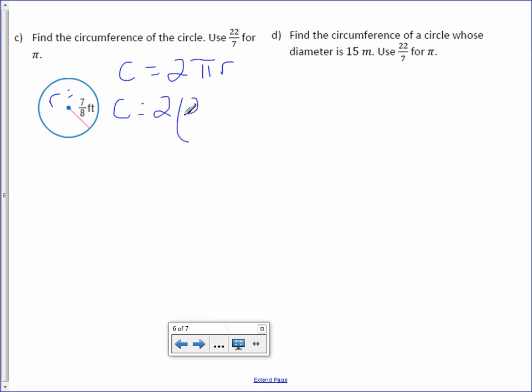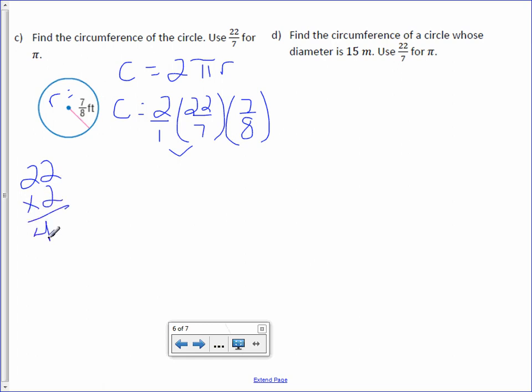For pi, we're going to use 22/7. In the radius, I have a fraction, so it's just 7/8. We're going to put that 2 over 1, and we're going to multiply the first 2 together. 22 times 2 is 44. So 44 over 7. Bring down the 7/8.